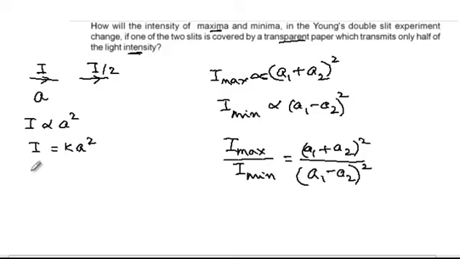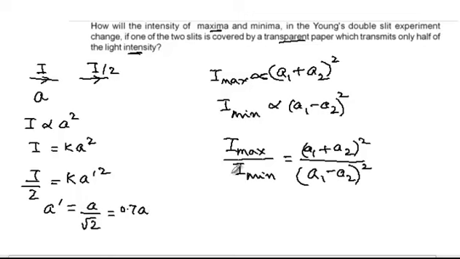So if I changes to I by 2, and you write the changed amplitude as A dash, then A dash becomes A by root 2, which is approximately 0.7 times A.